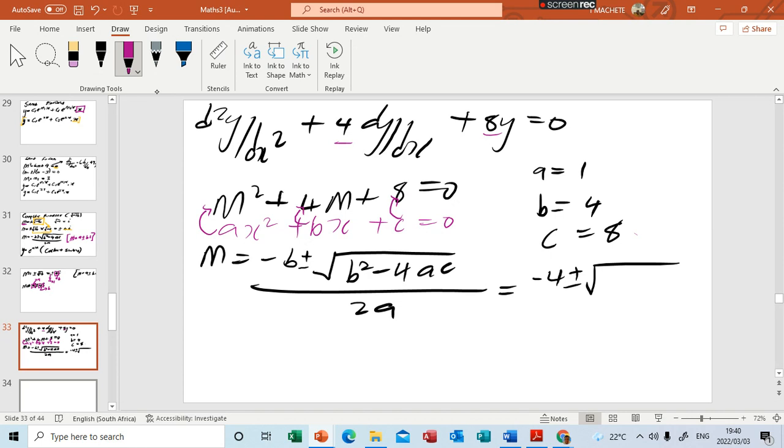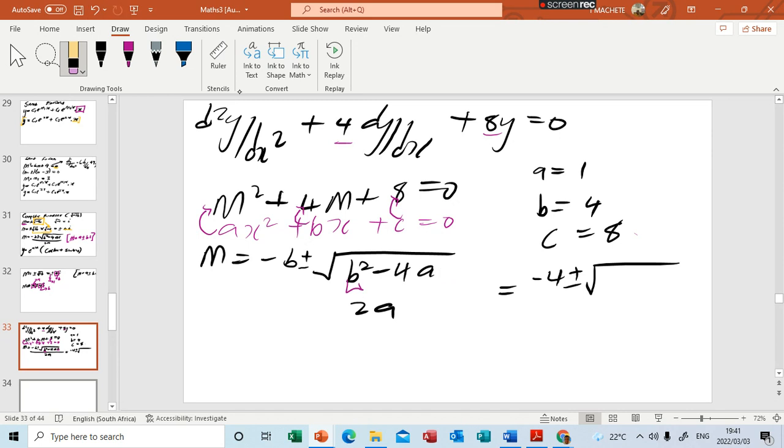So what I'm saying is, if your c is higher, when you multiply c with a times 4, obviously there will be a negative square root there, because b squared must not be lower than 4ac. If it's lower than that, then it means it's a negative square root.